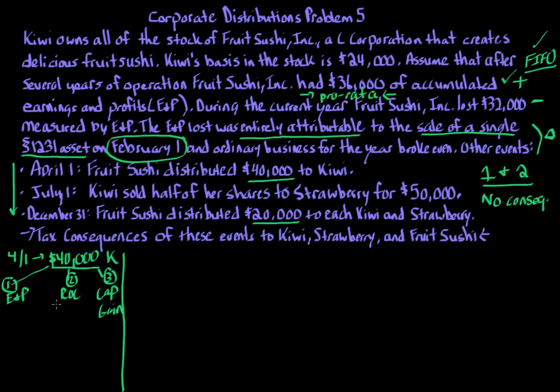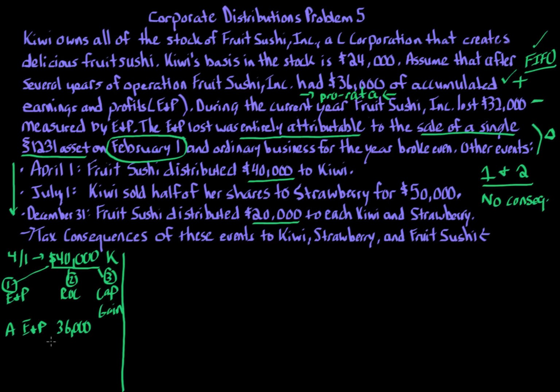In order to do the EMP analysis, just like we did with problem number 4, we start by taking the accumulated EMP, which is positive 36,000. And this is where things differ from problem 4.